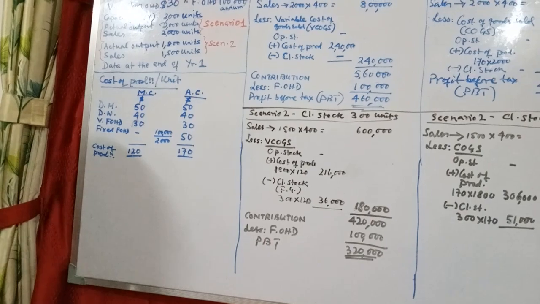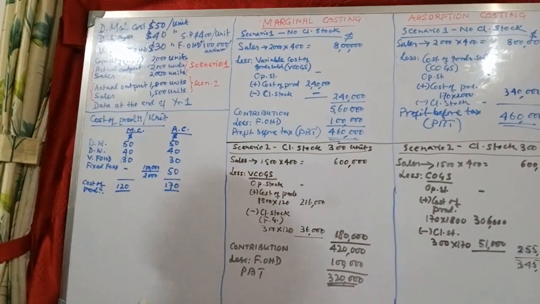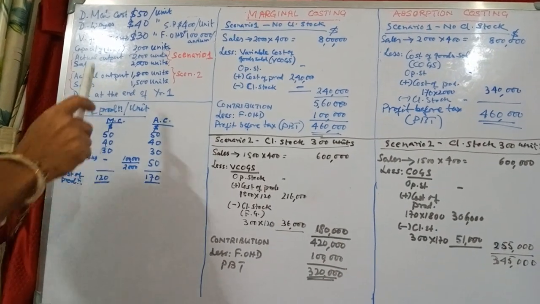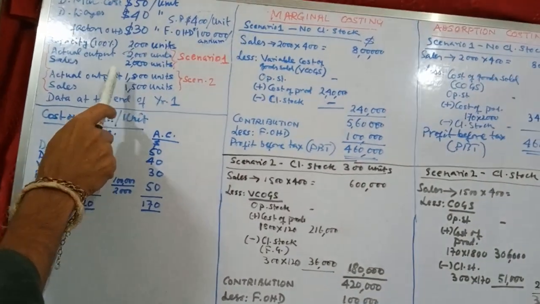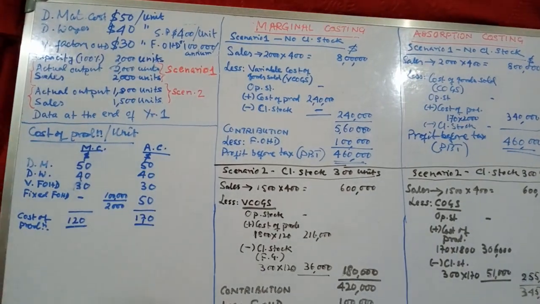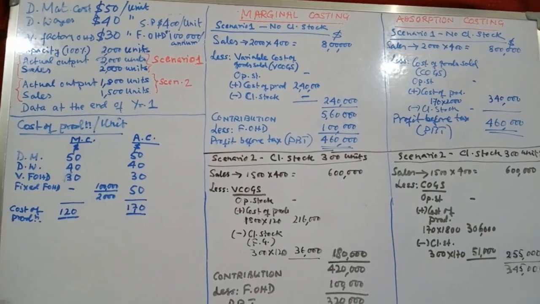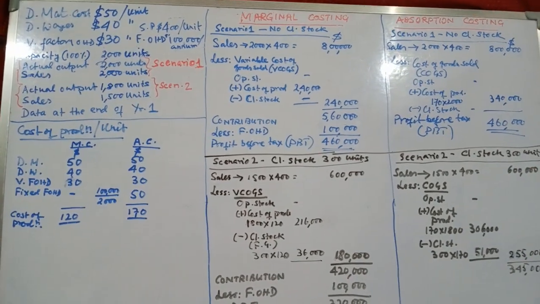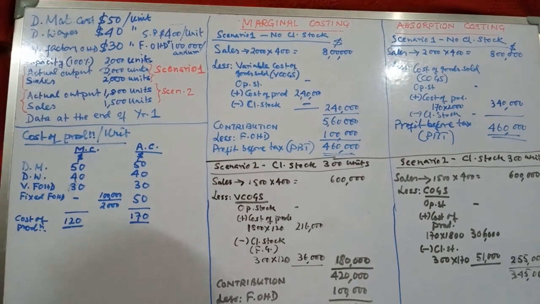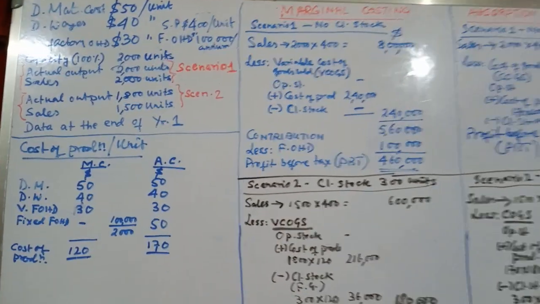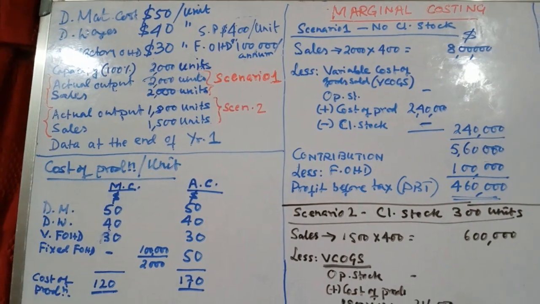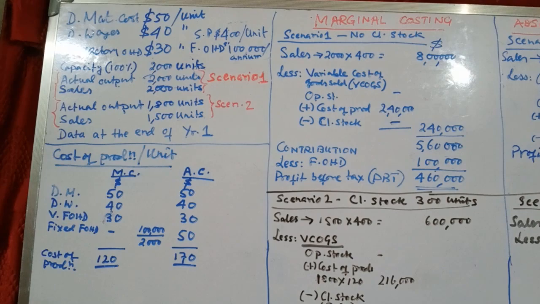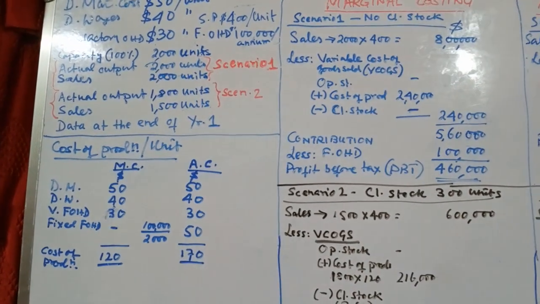But if the firm produces less than installed capacity, here the firm is producing 1800 units. That means the firm is not producing 200 units, that is, the firm is not able to absorb the full overhead. This is called under absorption. The firm is not able to fully absorb the fixed overhead.